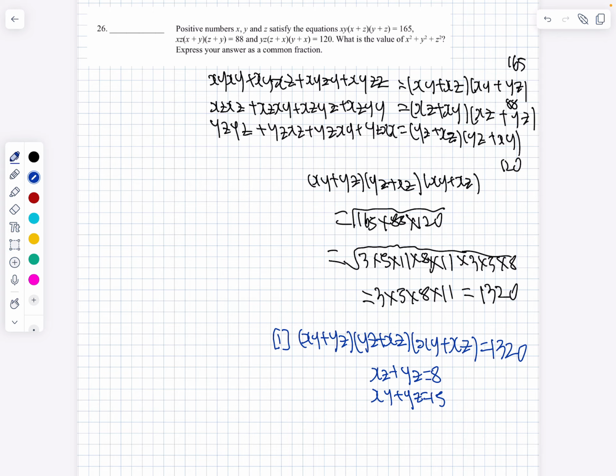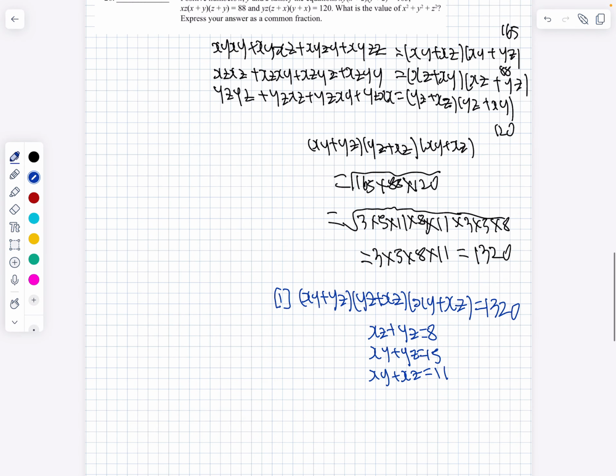And then if we divide 1 into the third equation, the only remaining value would be xy plus xz, which equals 11.